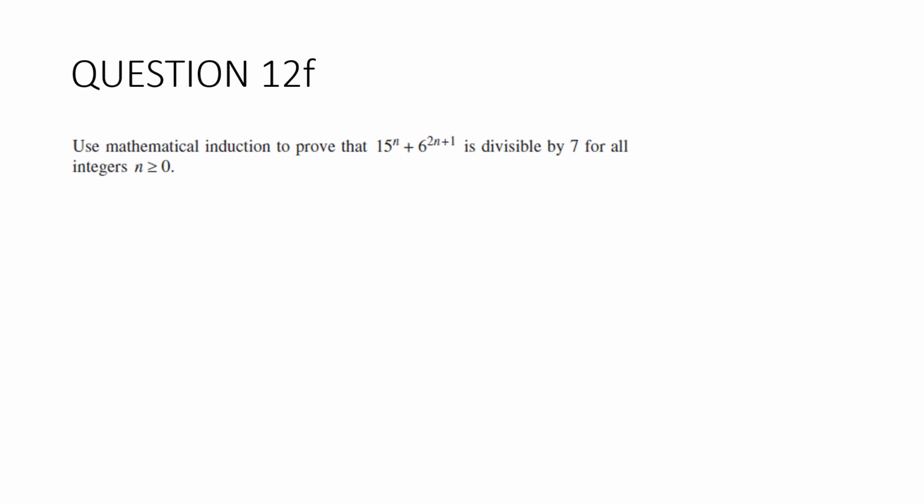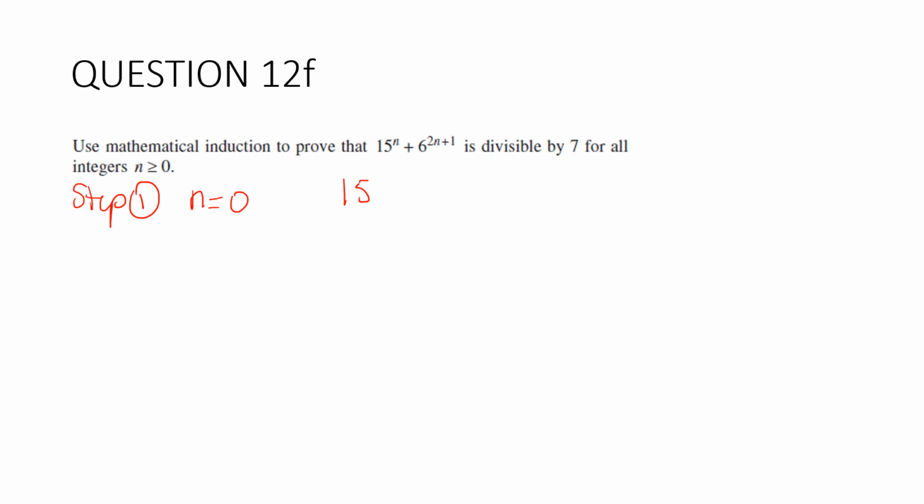Question 12F. Use mathematical induction to prove 15 to the power of n plus 6 to the power of 2n plus 1 is divisible by 7 for all integers n greater than or equal to 0. So step 1, let's prove it true for n equals 0.